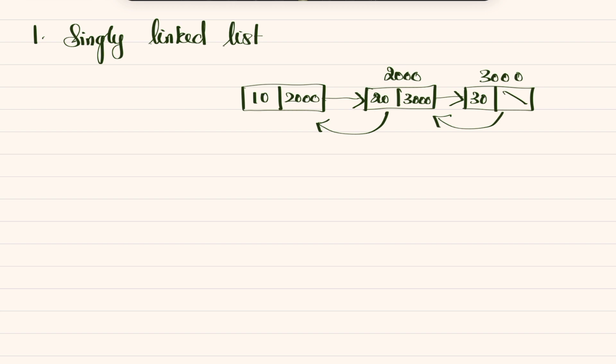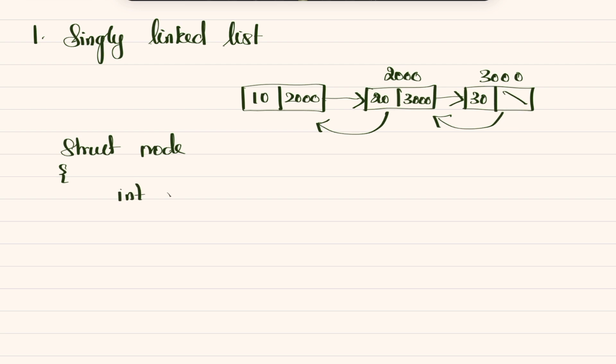Now we are going to implement this singly linked list with various operations. The first one is called create. In this method we are going to create a linked list. Before that we have to define the structure. Here I am going to define a node, and each node has two fields, as I already said.